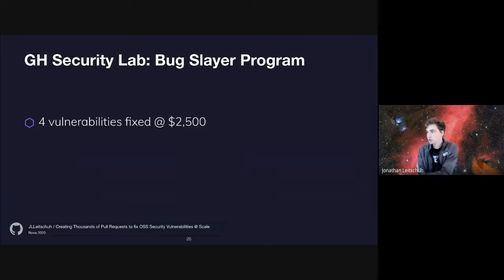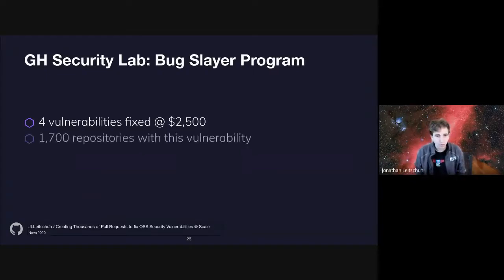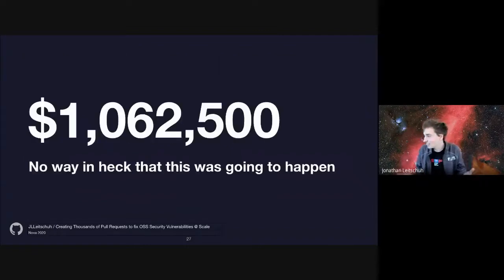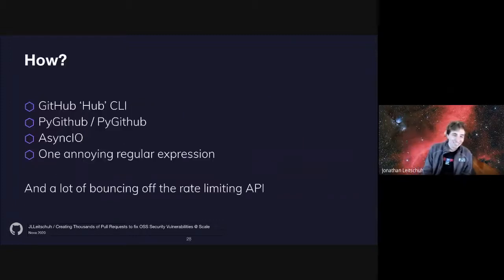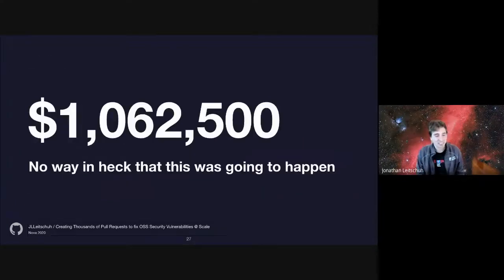If you use a CodeQL query to find those vulnerabilities, they'll pay you $2,500 maximum for 4 vulnerabilities. I figured there were 17,000 repositories with this vulnerability. So if you do a little bit of math, that's $1 million worth of potential bug bounty payout, which didn't actually happen. But I figured, math, right?